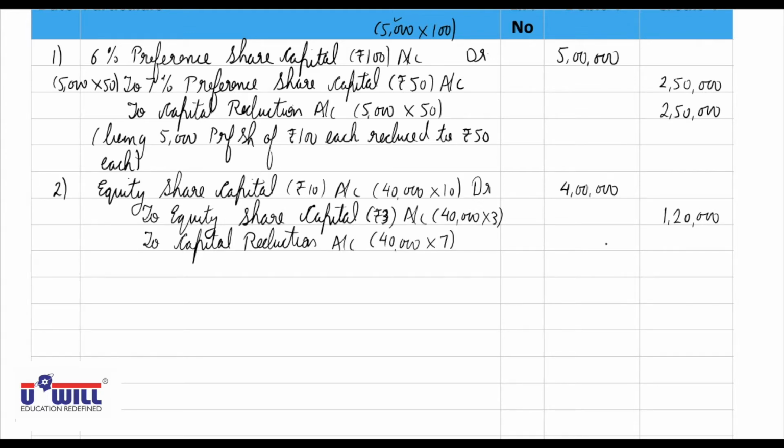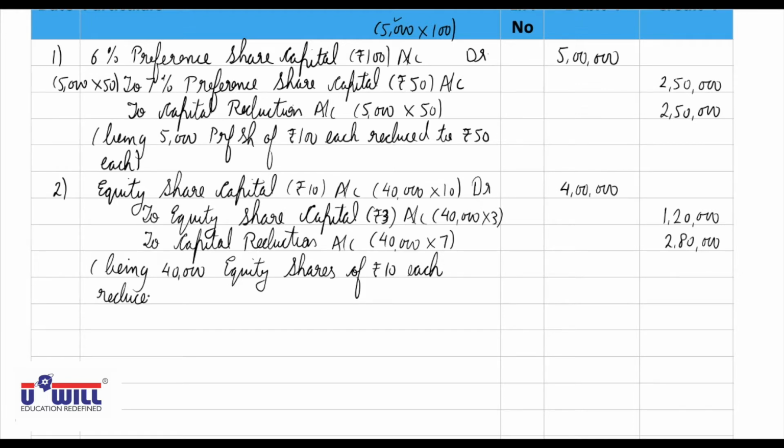So 40,000 into 7, 2,80,000, being 40,000 equity shares of rupees 10 each reduced to rupees 3 each.